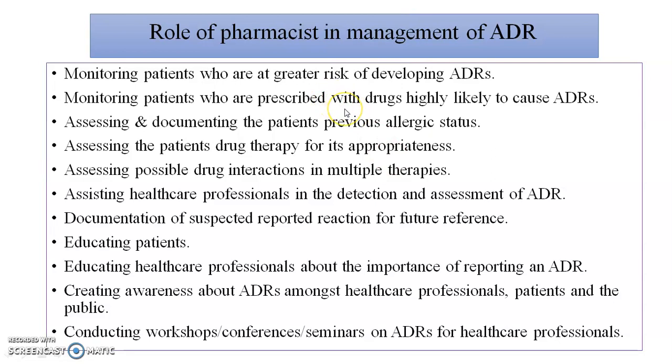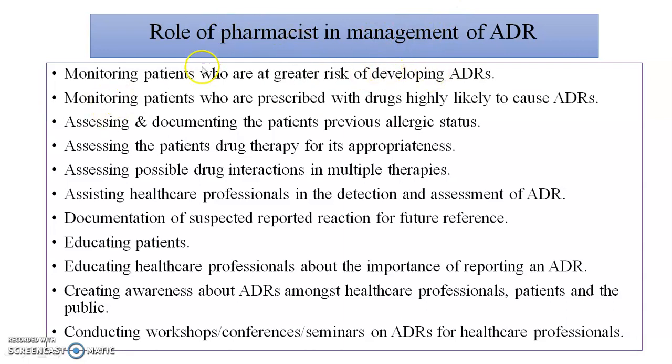Here are some of the roles of the pharmacist in the management of ADRs. The pharmacist should monitor patients who are at greater risk of developing an ADR, for example, geriatric or elderly patients, patients on polypharmacy, and patients with known ADRs.